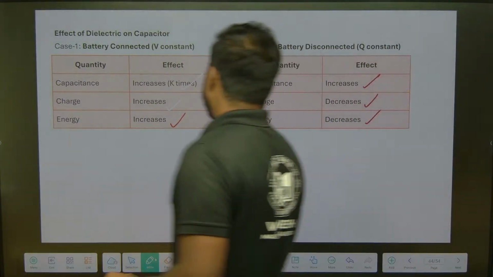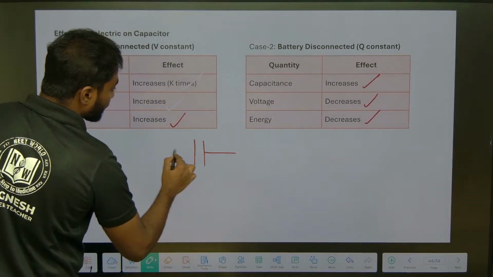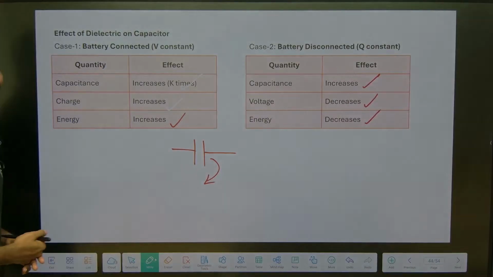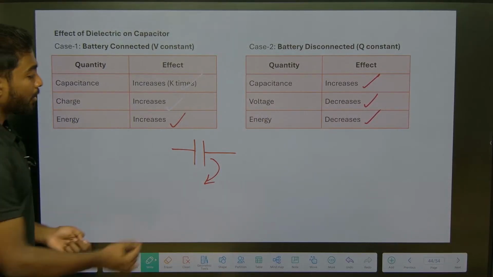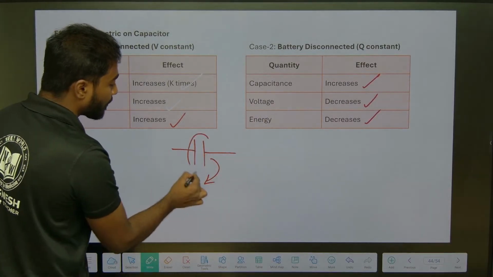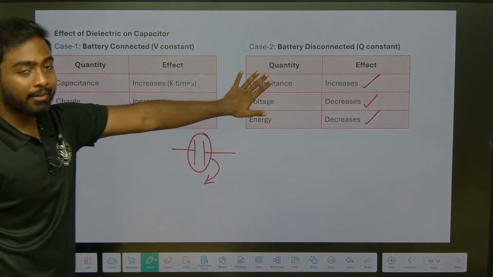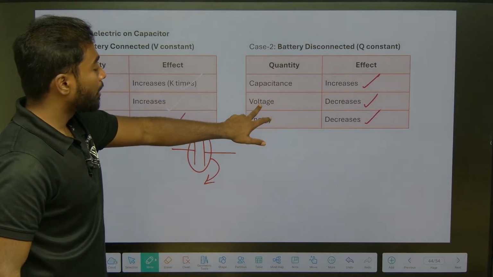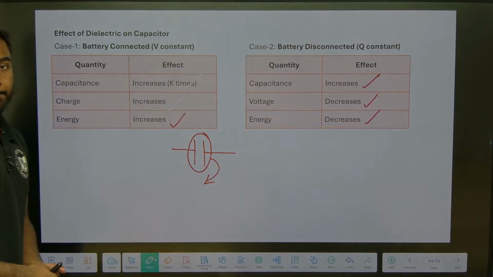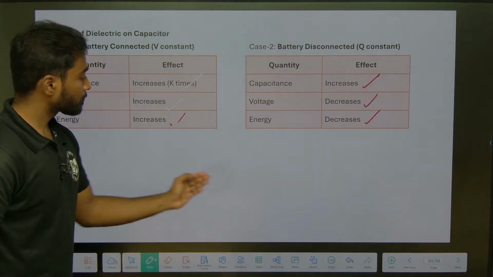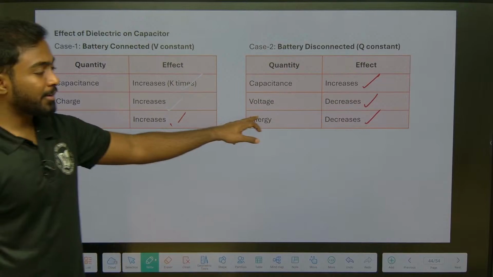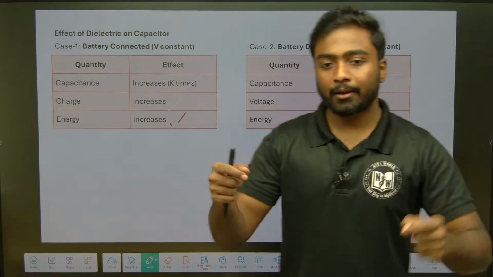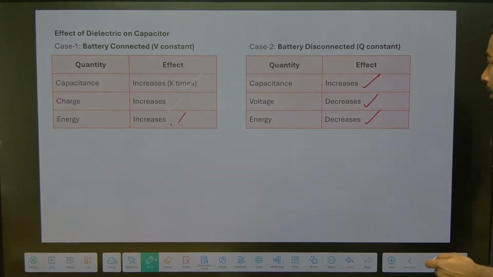Because when the dielectric is inserted the capacitance increases, but the voltage and energy will decrease. Why does the energy decrease? Because we are using that energy.